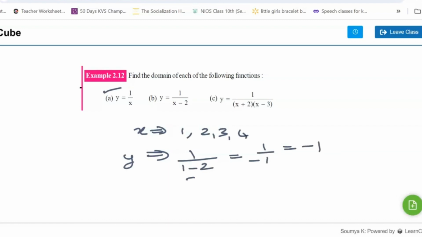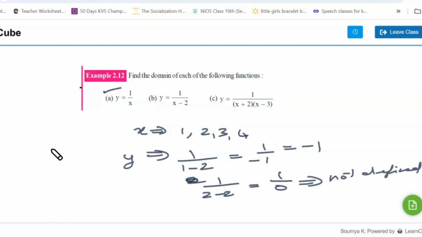Next will be consider 2. So in that case it will be 1 by 2 minus 2. Okay, so what values you get? You get 1 by 0, which is not defined. Okay, next let's take 3. So 3 minus 2 will give you the value as 1 by 1, that is 1. So you have values for all the positive values.